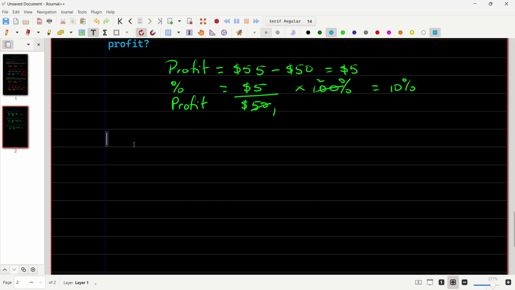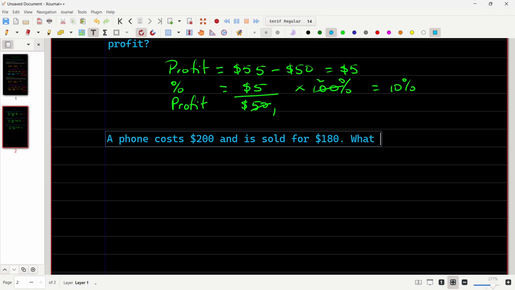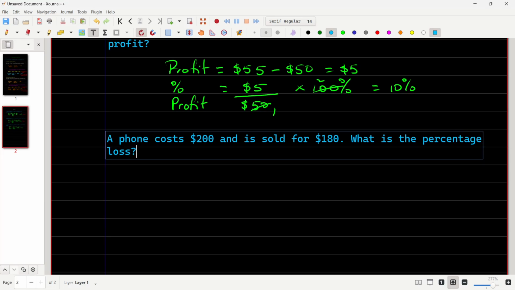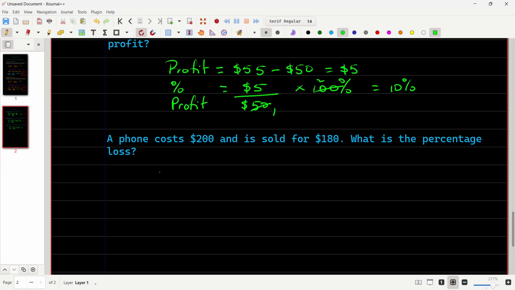Let's put it here, and we can say a phone costs $200 and is sold for $180. What is the percentage loss? Okay, so the percentage loss: we calculate first the loss. The amount that we lose is equal to our selling price, which is $180, minus our cost price, which is $200.